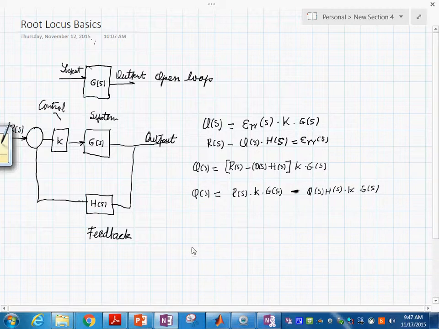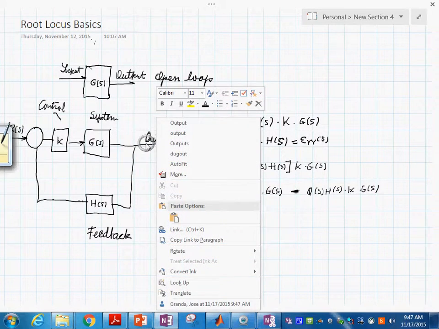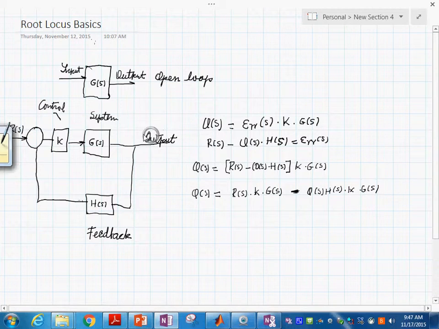And you may say, where are we going? We are going to establish a transfer function between this reference and the output. That's what we want. A reference between this and this.